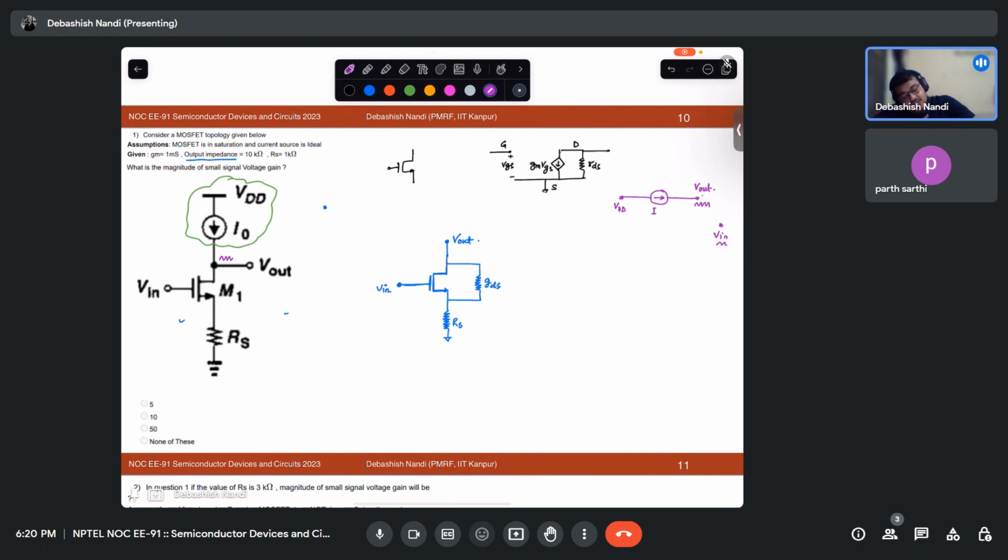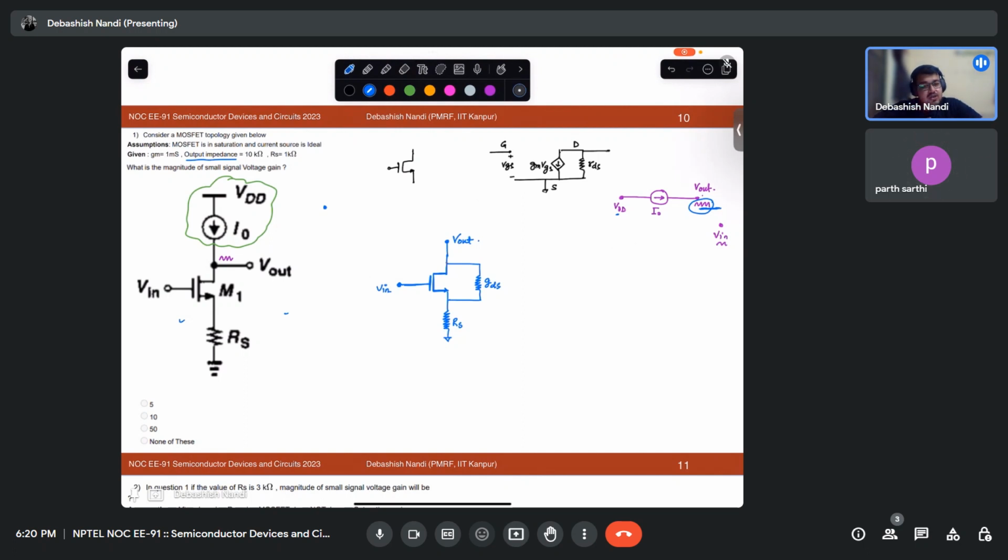Now, what is a current source? It does not change with voltage, it should be constant. So independent of the voltage at this node, the voltage difference change will depend upon this part. Yes, sir. So whatever change due to small signal will be there.